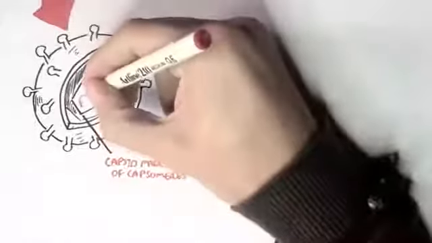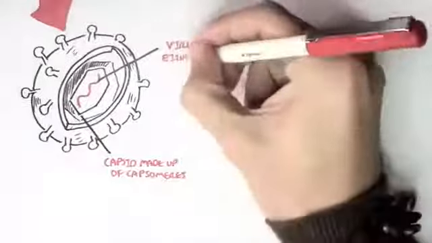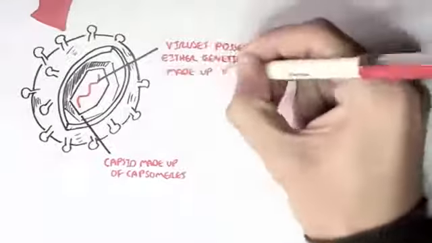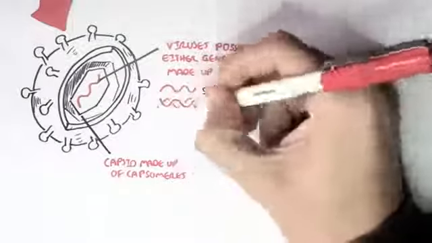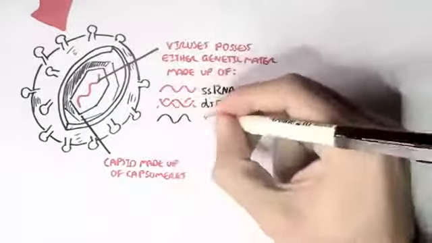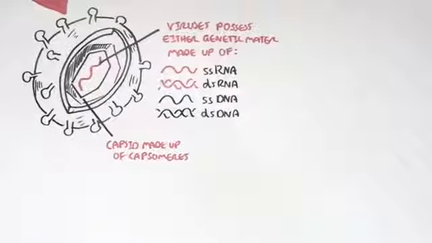The capsid is important because inside this capsid, we can find the genetic material of the virus. So viruses possess either genetic material made up of single-stranded RNAs, double-stranded RNAs, single-stranded DNAs, or double-stranded DNAs. They can also have partial strands, such as in the hepatitis B virus, which is partial double-stranded DNA.